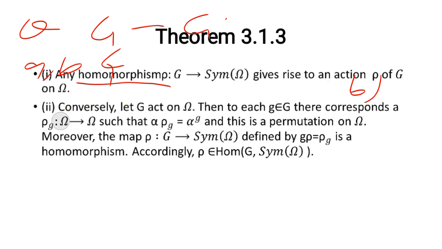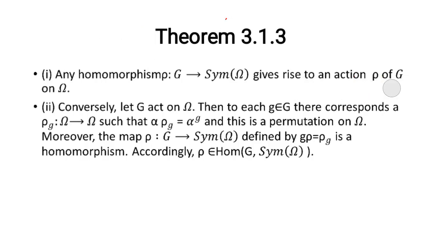Let's recall that, because that is key to why we're able to use it in all of our proofs. So any homomorphism rho that takes G into the symmetric group on the set Omega gives rise to an action of G on the set Omega. That's the first statement of the theorem.